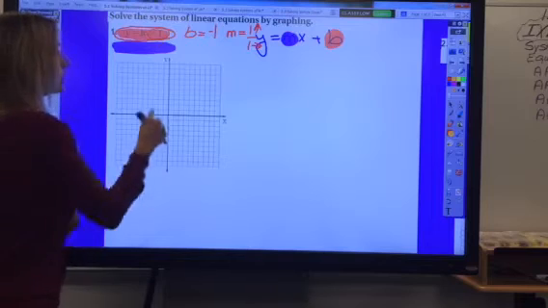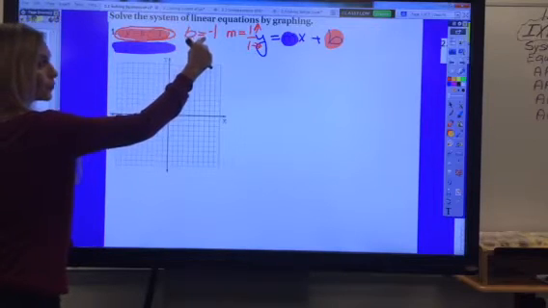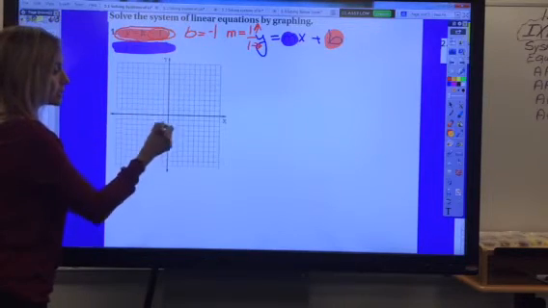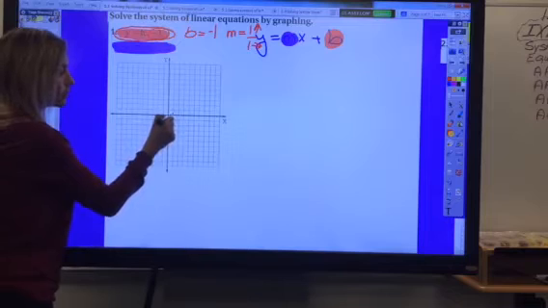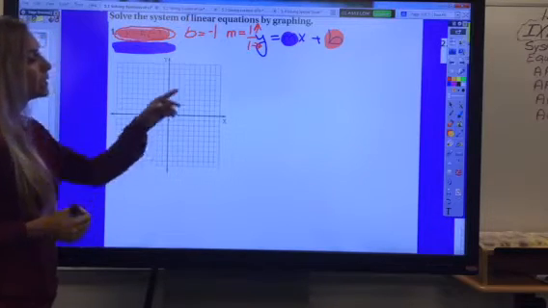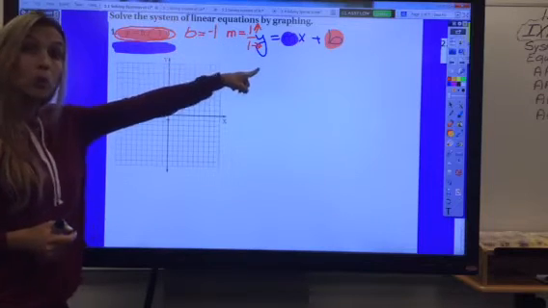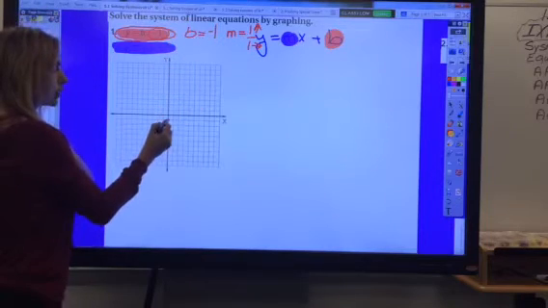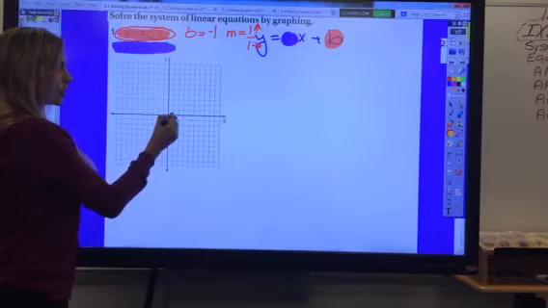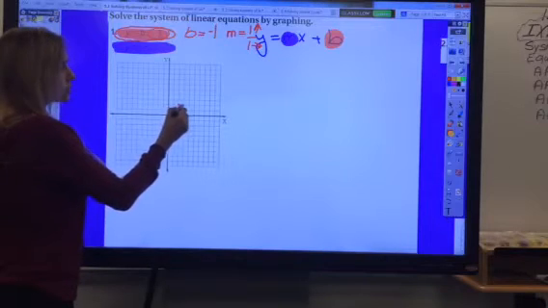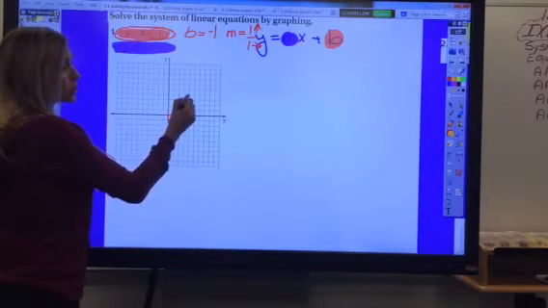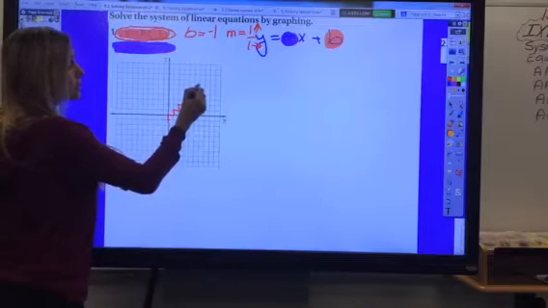Let's graph that. So the beginning, right, the first point on the y-axis is on -1, which is over here. And then the slope says from that initial value, go 1 unit up and 1 over. So from here, I'm going to go 1 up, 1 over. And I do that every single time, right? That is the slope. Slope says it's always the same. It's not going to change.